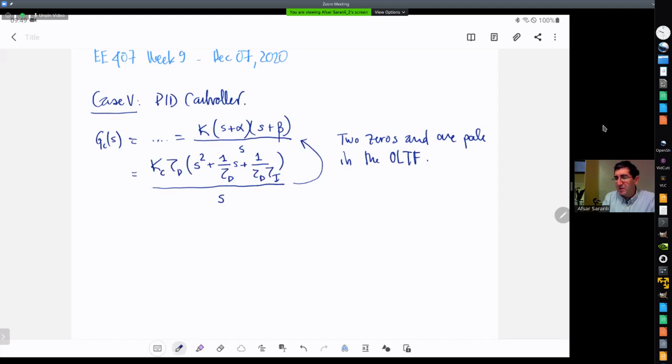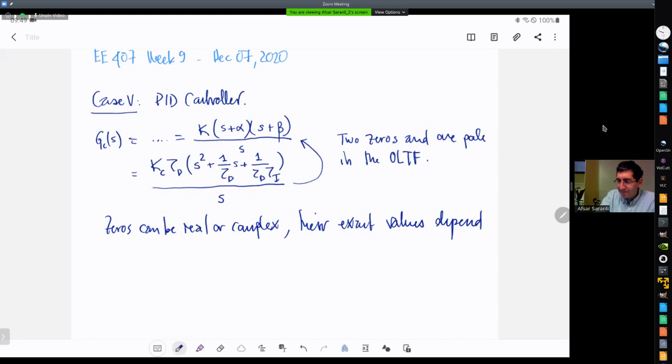So obviously these zeros can be real or complex. Their exact values depend on all 3 PID parameters.